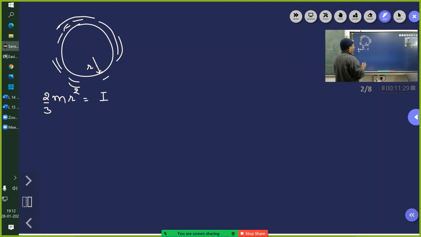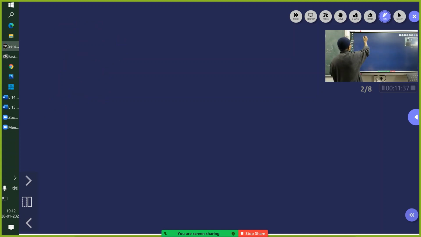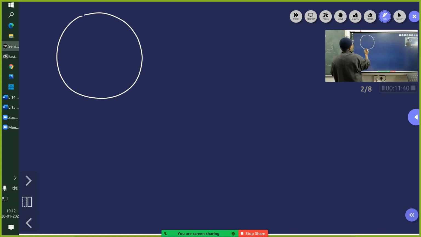I'll tell you how to go about doing this. If you want to use this method, then we need to consider a hollow sphere of thickness dr. We will get the expression for the moment of inertia of this, say dI. dI is equal to 2 by 3, instead of m, again I have to use the density here.